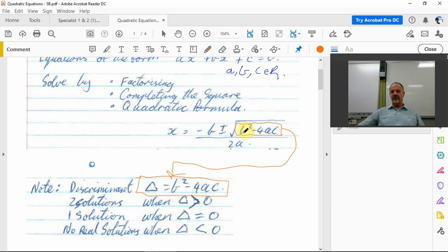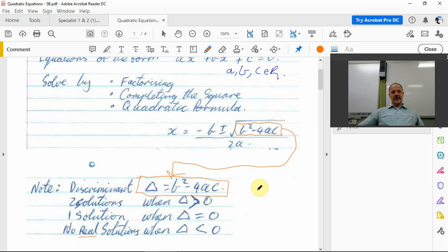So you're trying to square root a negative number, and in the real number field, you can't do that. You can do that with a thing called complex numbers that we will get to later. But for the moment, no real solutions, and the word real is there because no real numbers.